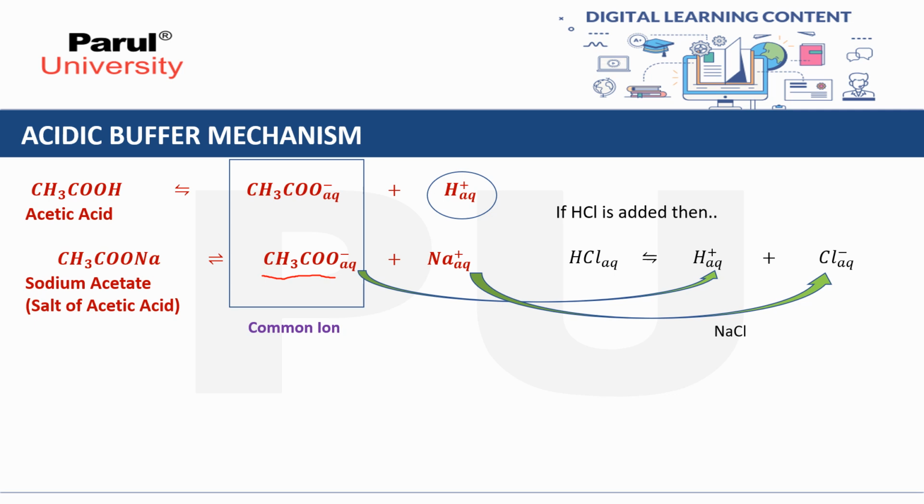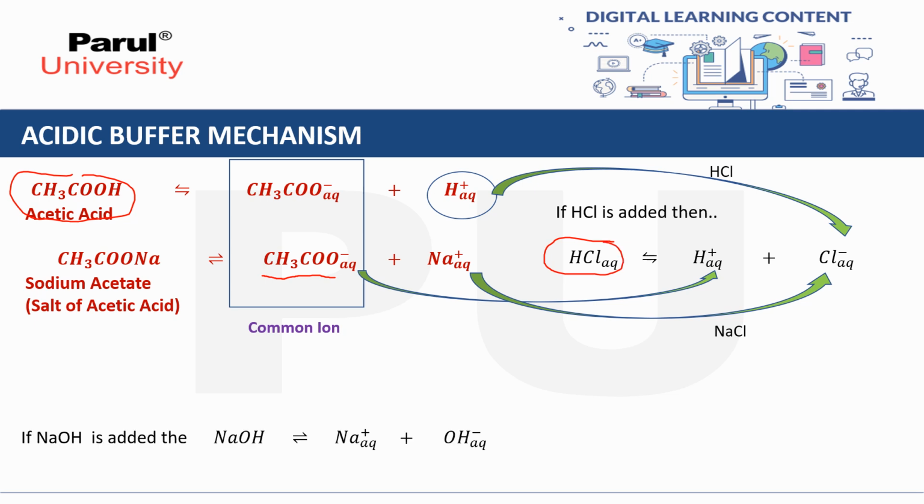Ultimately, the pH of the solution will remain the same because NaCl is neutral and CH3COO minus will form the same weak acid. So the pH will not change. On the other hand, if the H plus combines with Cl minus, it will again form HCl, so the pH remains the same. Suppose NaOH is added, then NaOH is also ionized into Na plus and OH minus ion.